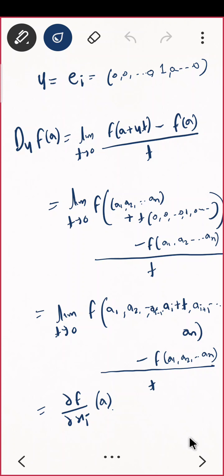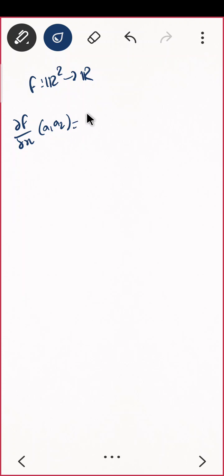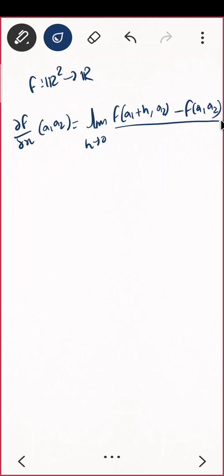Yeah, so I'll just quickly write. Suppose my function f is real valued, in two variables, f is from R2 to R. So what is my dou f by dou x formula? Dou f by dou x at e1, e2, what will the formula be? It will be limit h tending to 0, f of e1 plus h comma e2 minus f of e1 e2, divided by h.